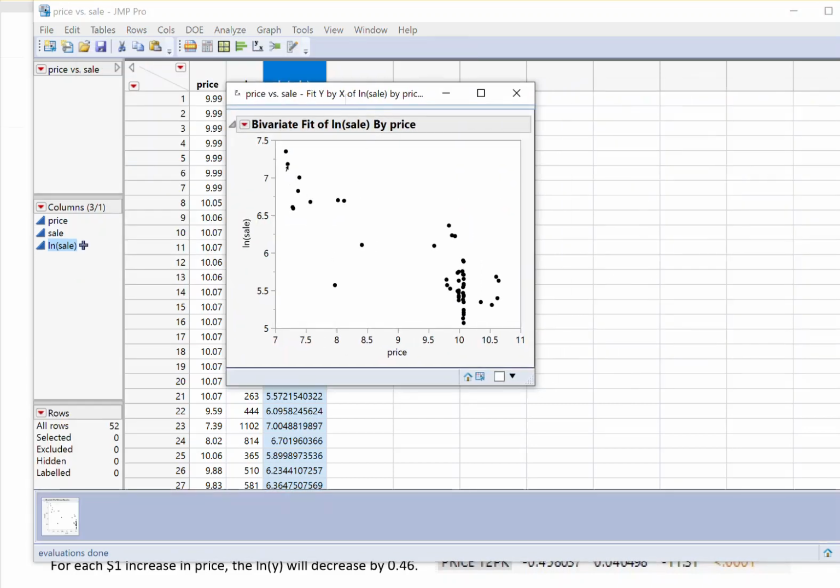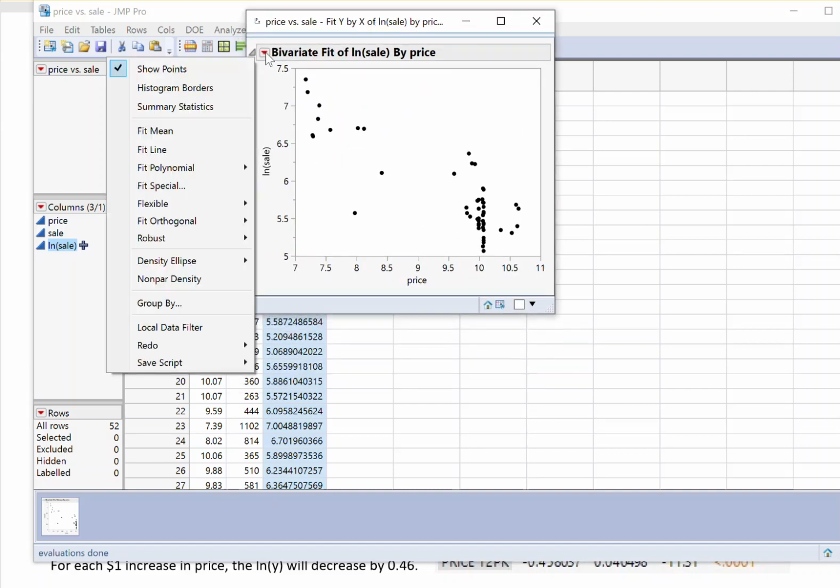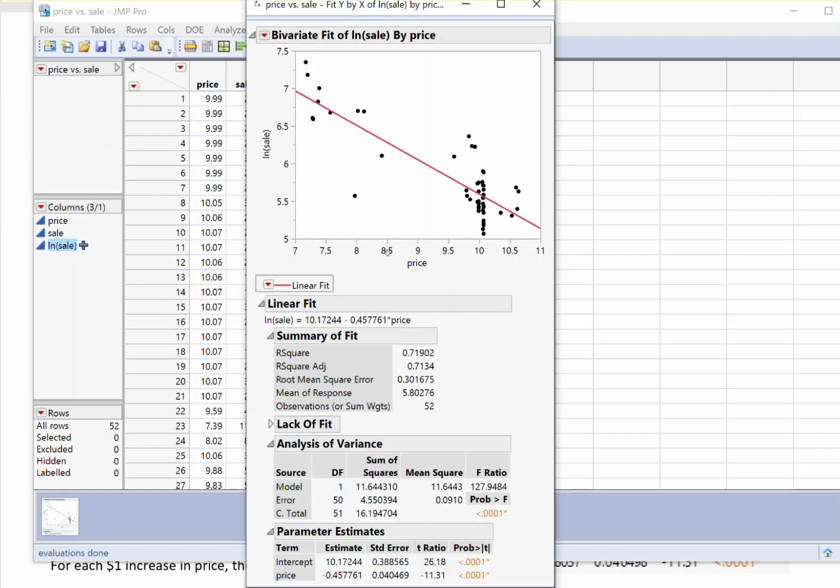Alright, so now if you look at the scatter plot like this, it will not be curved as before. It is more linear, right? Okay, and then we can check the assumptions. So we have the scatter plot. I want to fit the line.